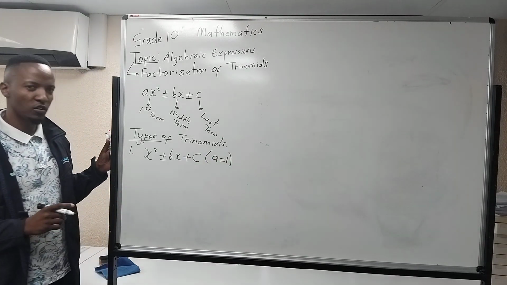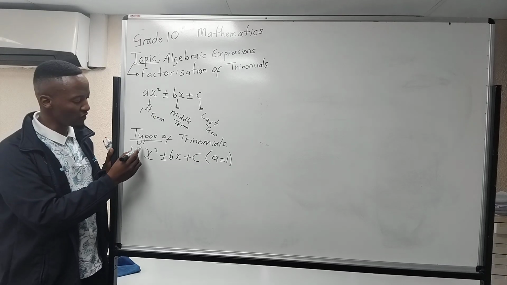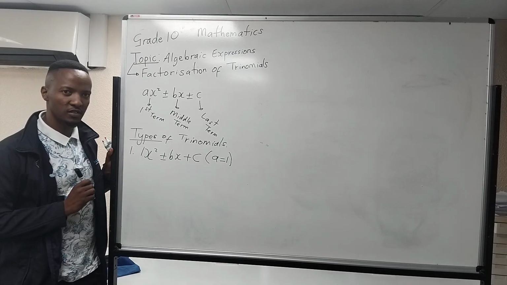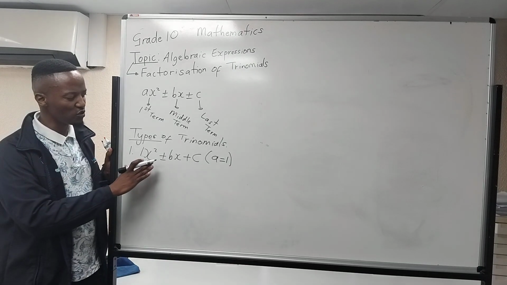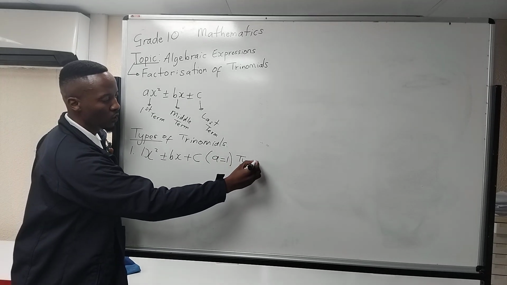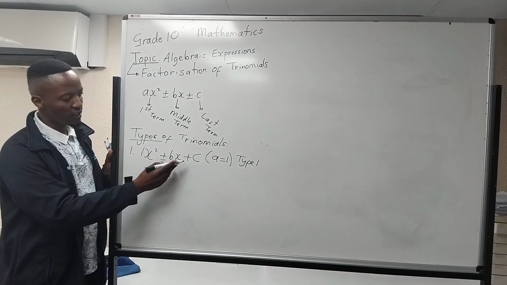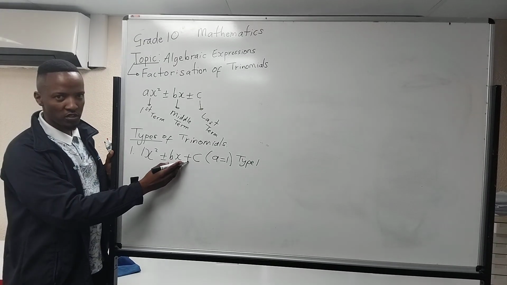That is type number 1 of a trinomial that you are expected to factorize. When you check the coefficient of x squared, we have 1. It means for type number 1, we'll always have a value of a as positive 1, and the value of c will always be positive.